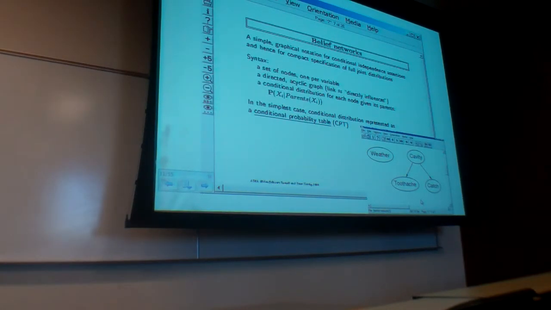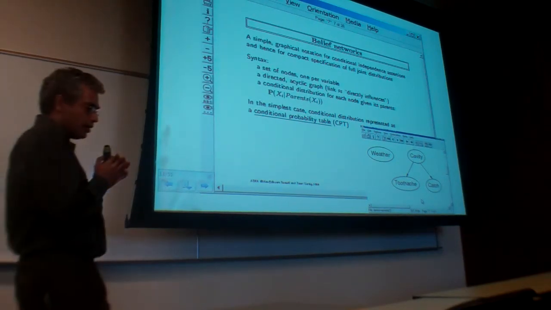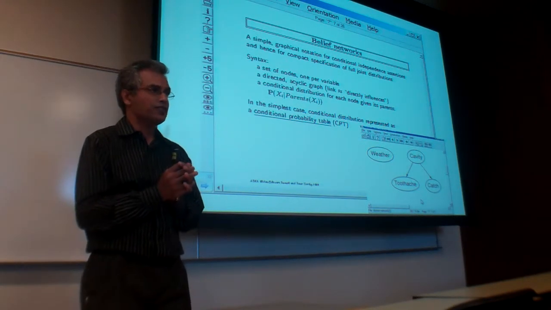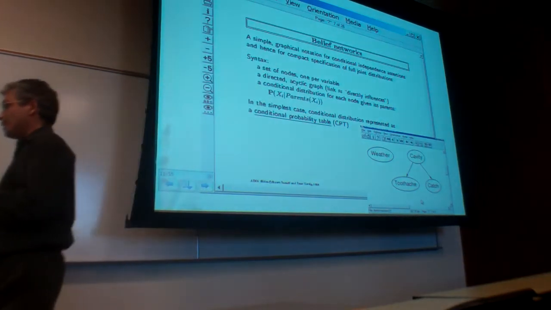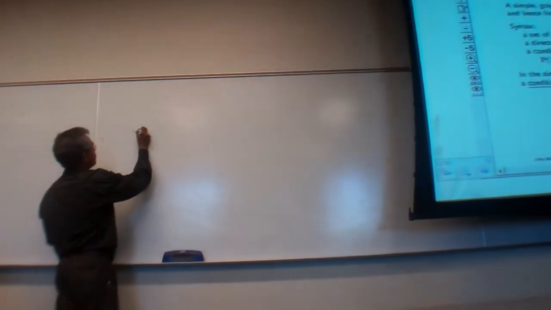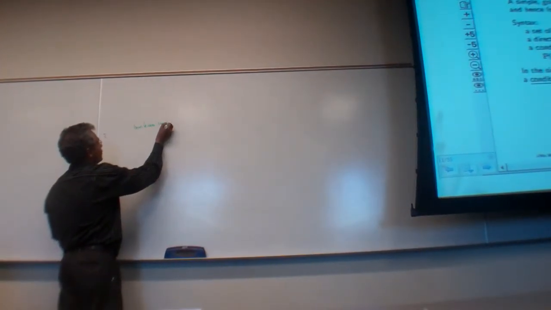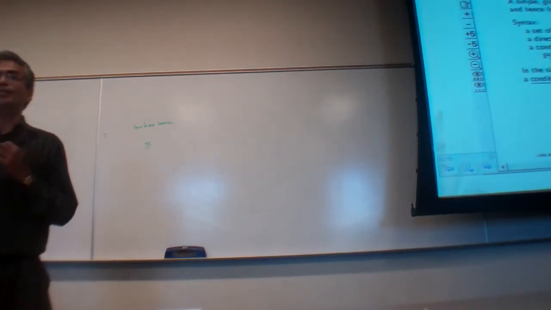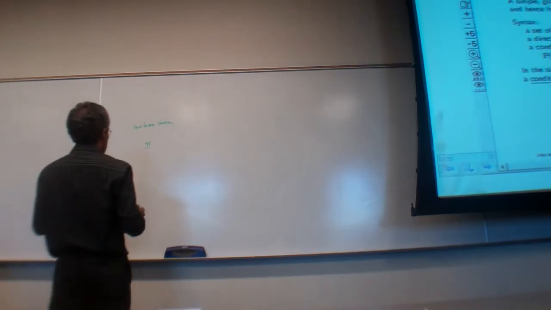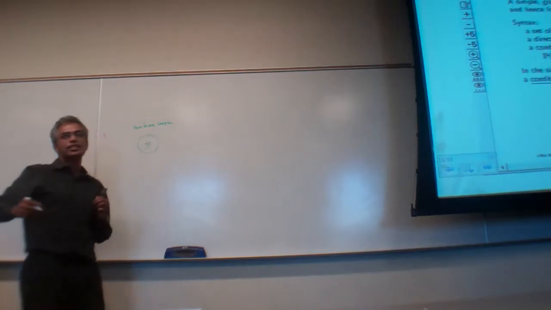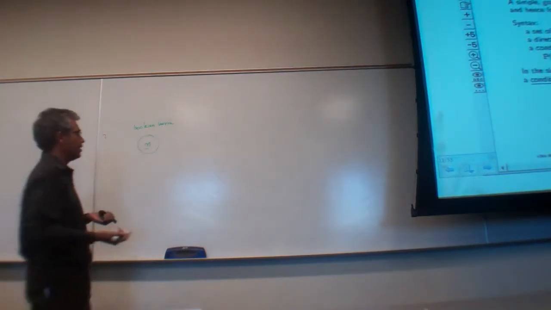Okay. So basically, graphical models are used to compactly represent joint probability distributions. The simplest idea is to think in terms of Boolean variables. We'll start with them. If you have n Boolean variables and they're all random variables, then you essentially will need the joint distribution over them.